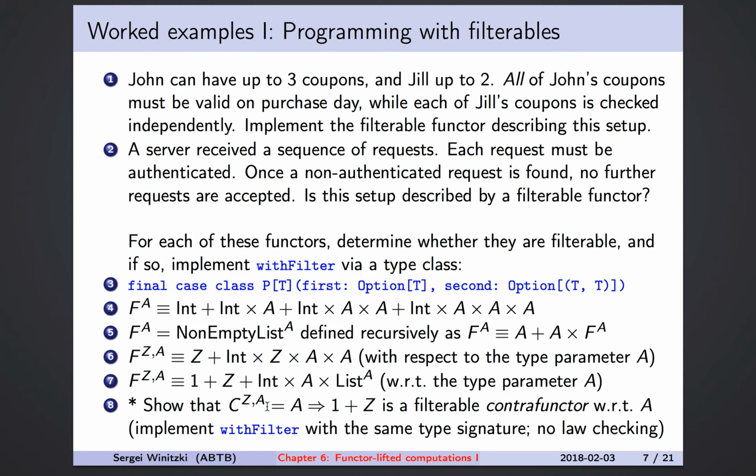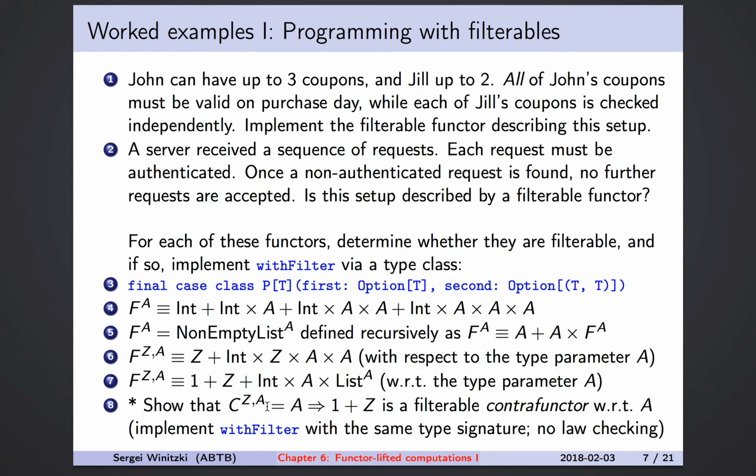If a functor represents a container, that is something that holds values of data of some type, then a contrafunctor represents something that consumes values of that type. It's not a container, it actually doesn't have any values of that type.